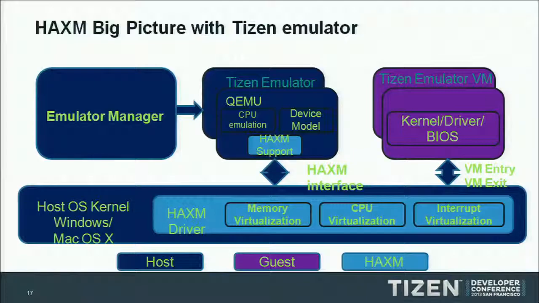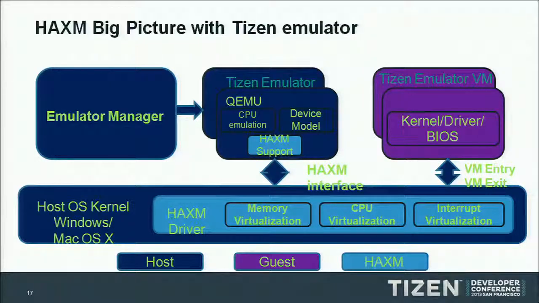The left corner there is the emulator manager. It is the application the user used to configure a virtual device and launch it. We also call a virtual device a VM or a guest.